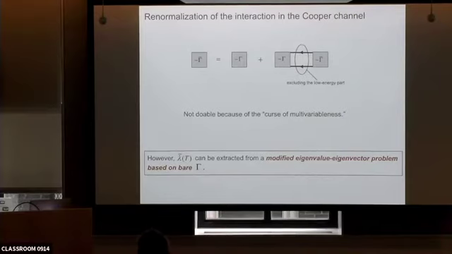And the first question might be, why don't we just do this renormalization explicitly, because it's so simple in the emergent PCS regime. The problem is that it's simple as long as we write it diagrammatically like that, but if we want to do it numerically, we face what we can call the curse of multivariableness.